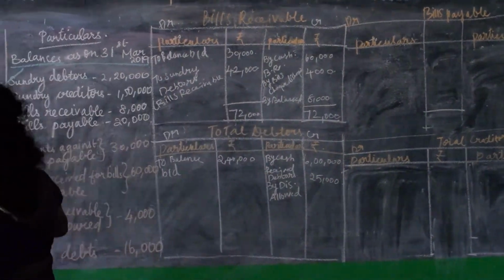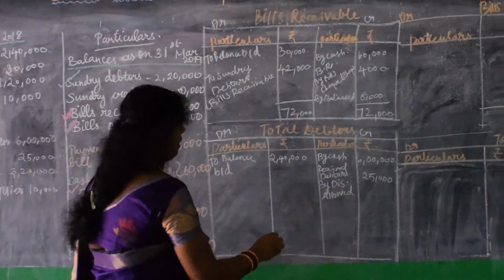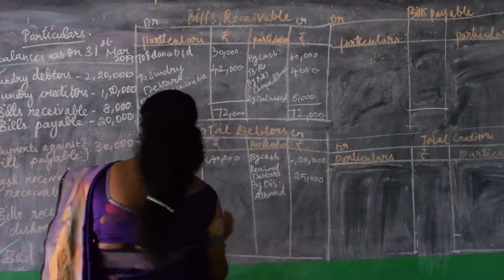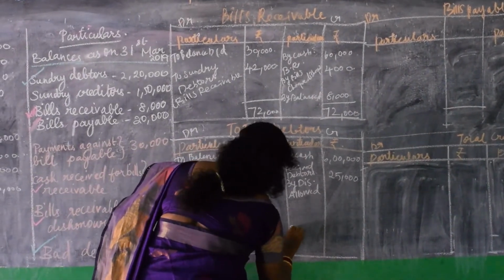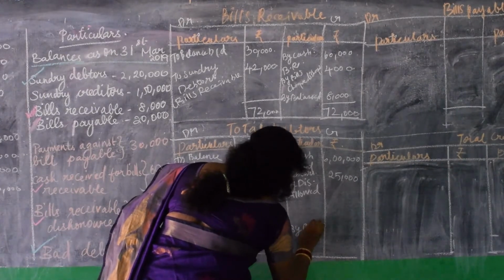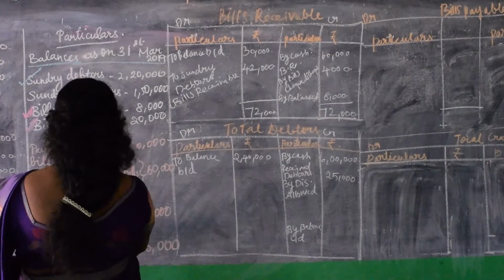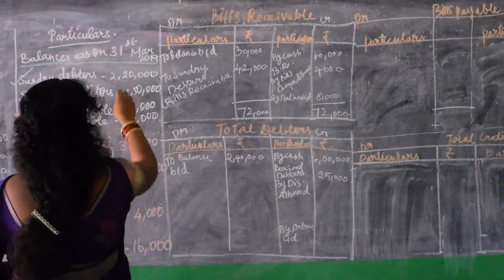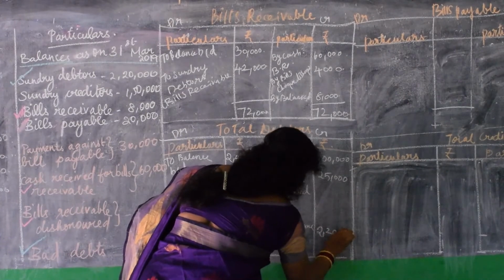Then next, move on here. Closing balance of sundry debitors is 2,20,000, right? By balance C by D. What is the amount? Sundry debitors is 2,20,000.